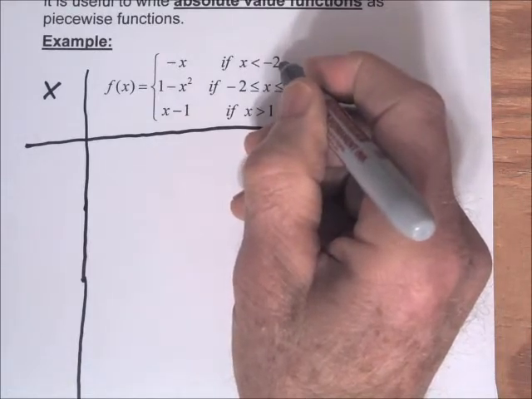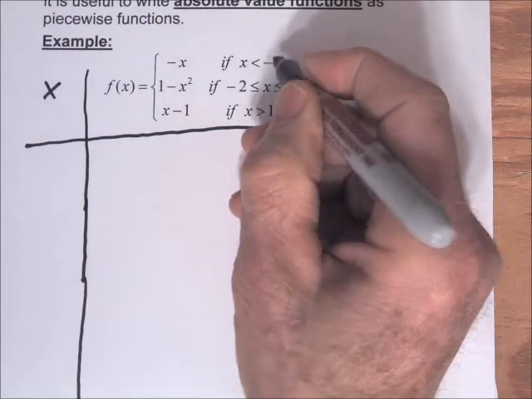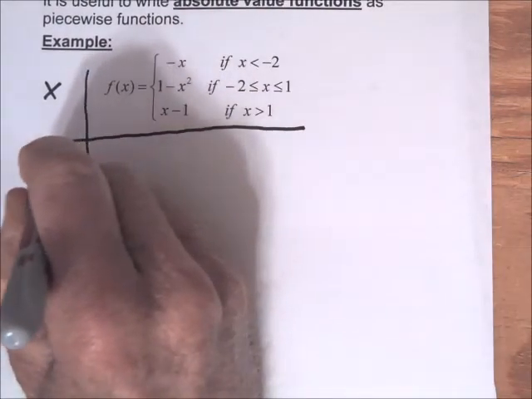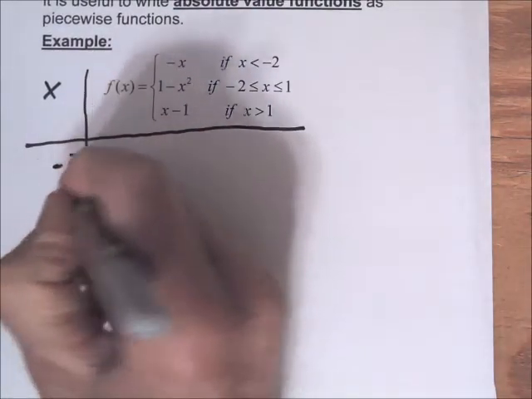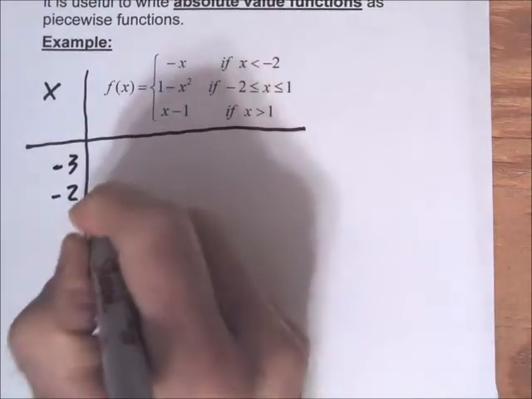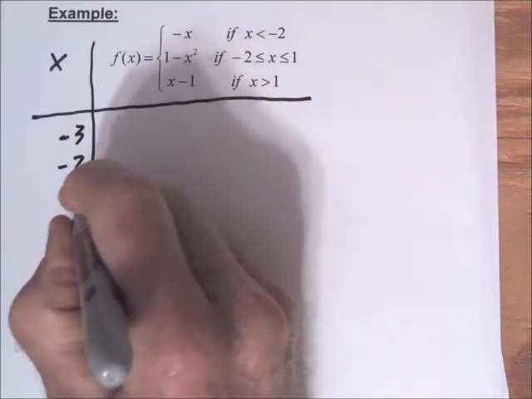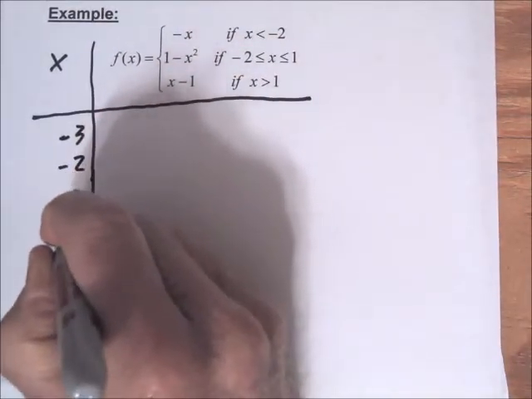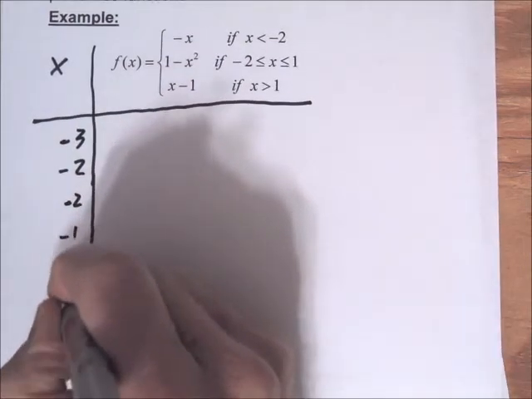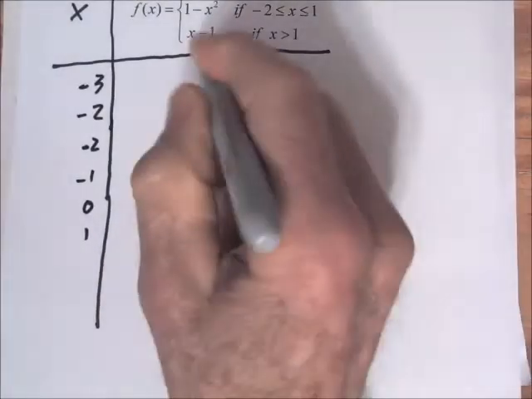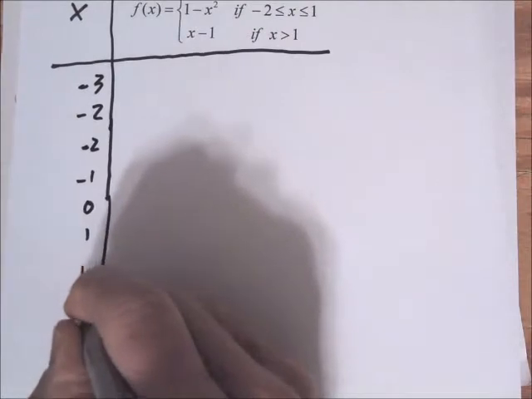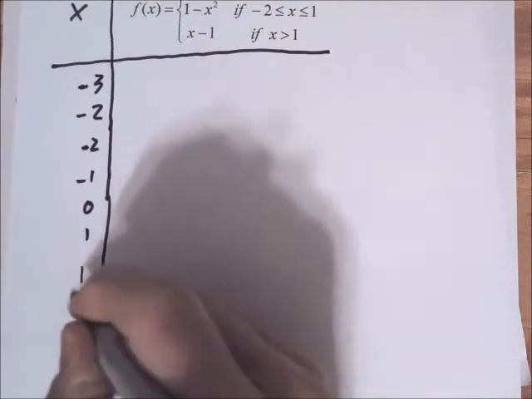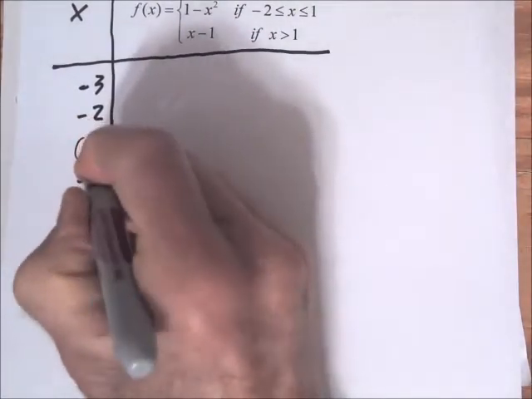So let's say -3 and -2 for the linear part, and then for the parabola I'll do -2, -1, 0, and 1, and then for the last linear part I'll do 1 and 2.